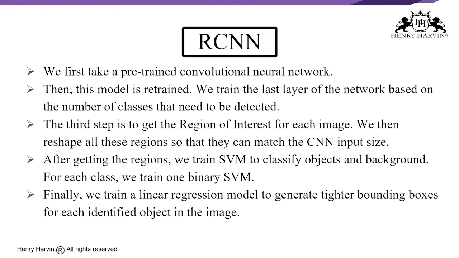After that, we train an SVM, which is basically used to classify the objects and the background. Then for each class, we train one binary SVM. Then we train a linear regression model to generate tighter bounding boxes for each identified object in the image.